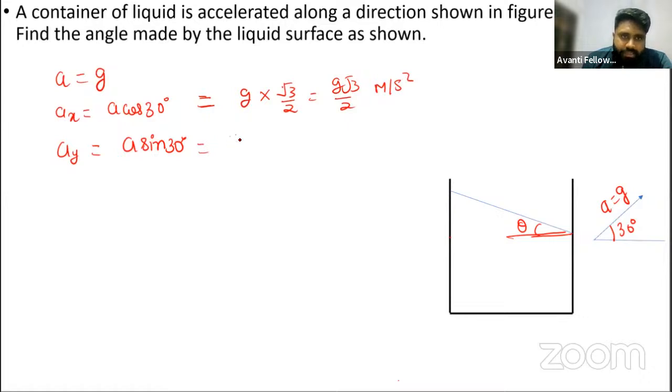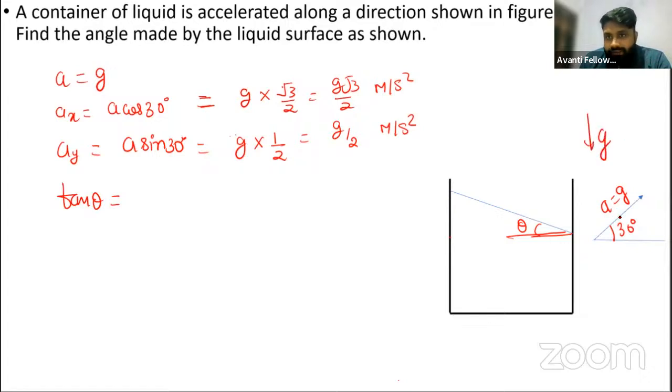And a sin 30, sin 30 is 1 by 2, so it is g by 2 meter per second square. Now tan theta according to this scenario: gravity and this given acceleration are in opposite direction. So tan theta is AX upon AY plus g.